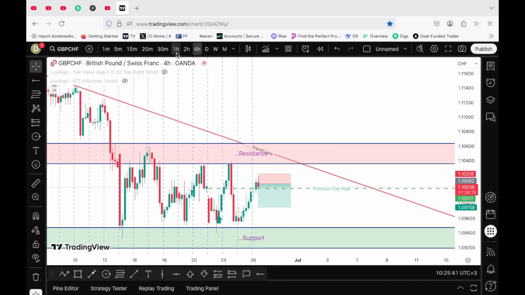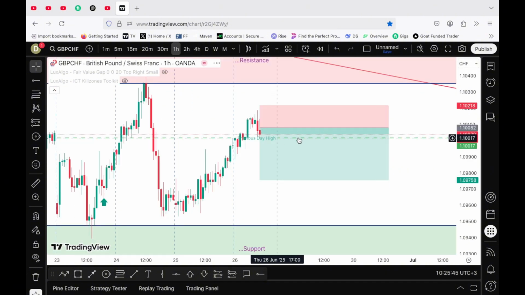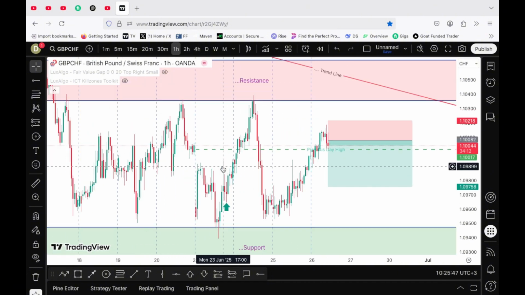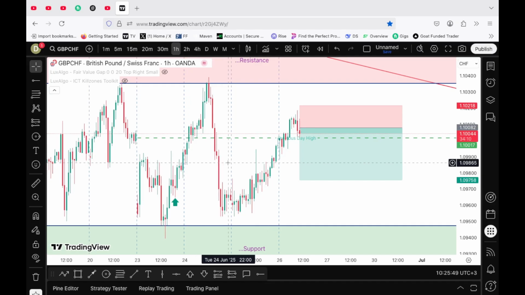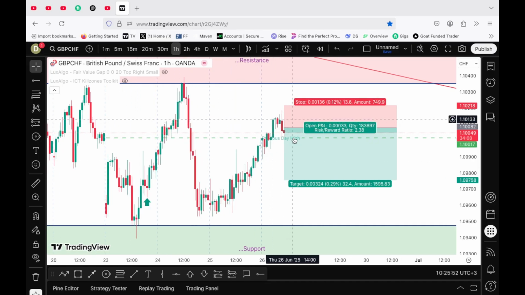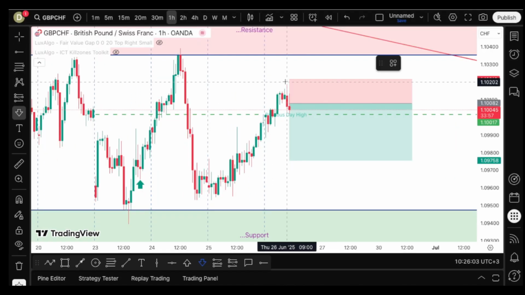Then I come to H1 and I refine my entries and look for exactly when to execute the trade. When I came to the market, the price was here. The bearish candle here had not formed.